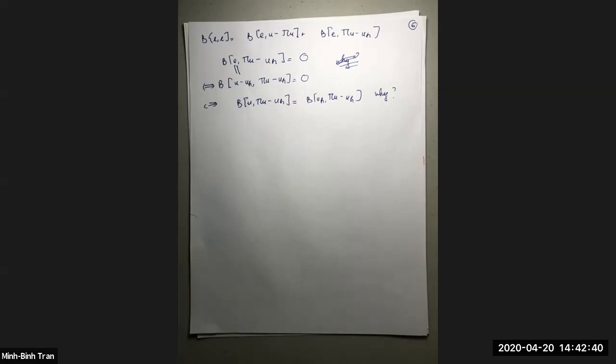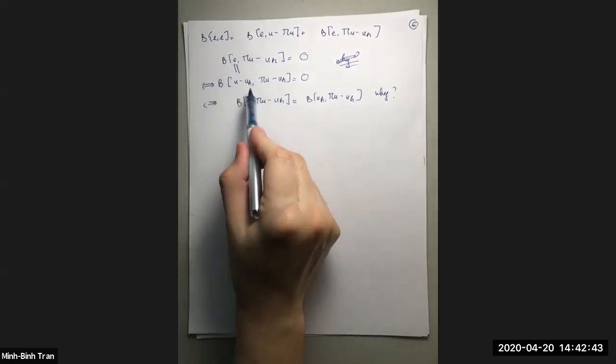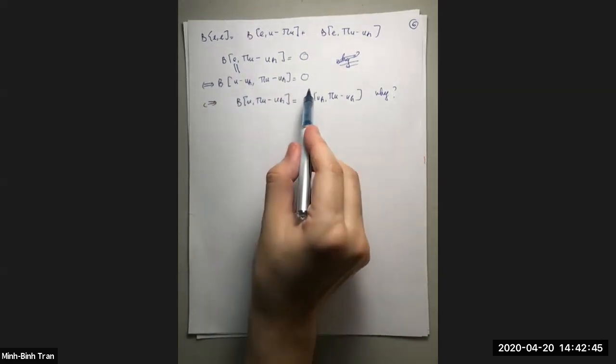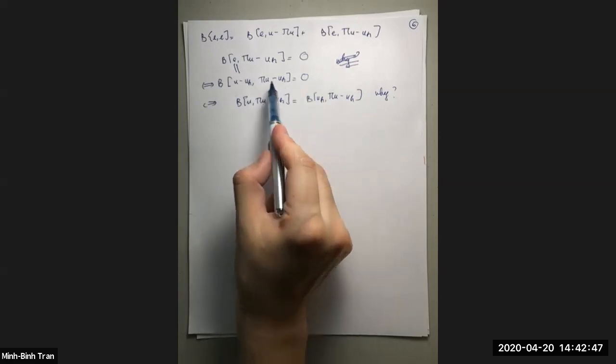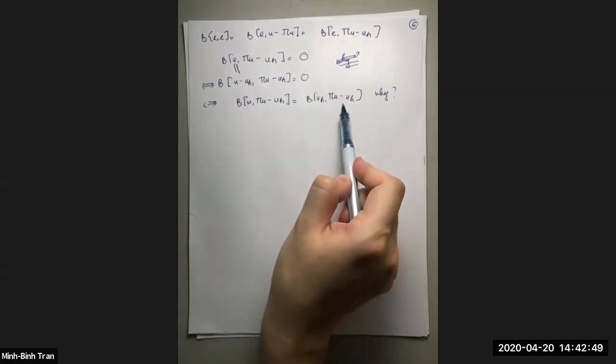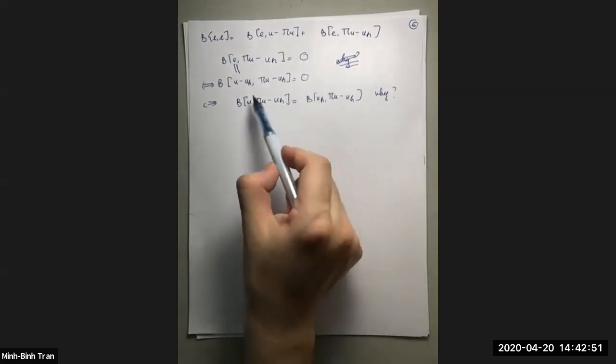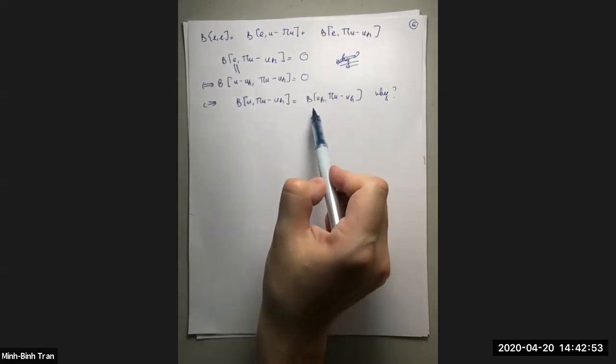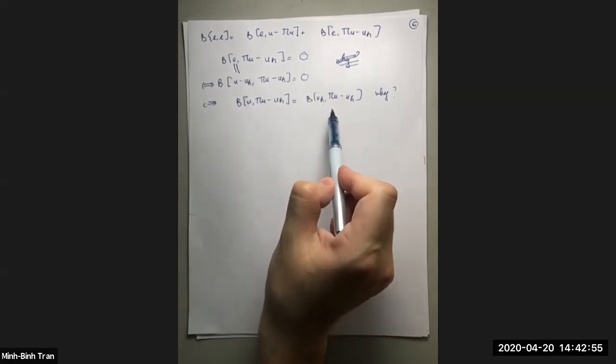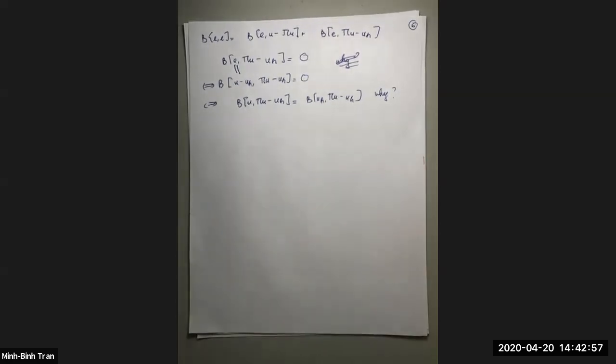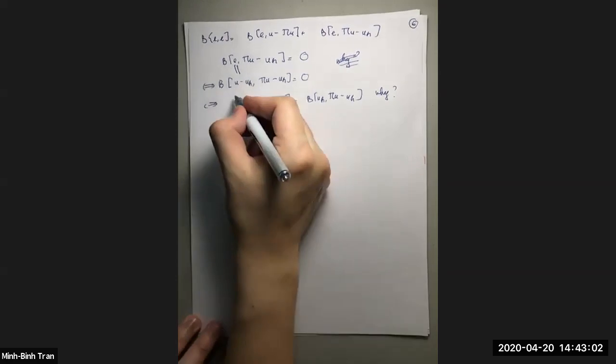Because this is equivalent to B of U minus UH, pi U minus UH being 0. So now I keep the U here and the UH on the other side. So B of U, pi U minus UH is equal to B of UH, pi U minus UH. All right? Good. Why is it? Why are they equal?